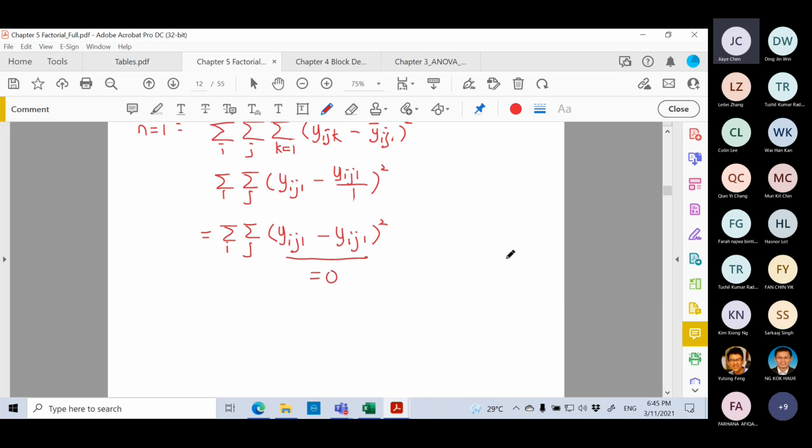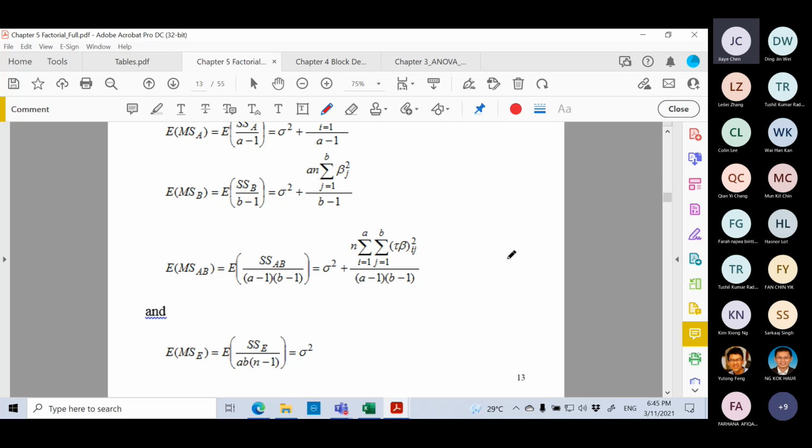The expectation here tells you that the expected value of the MSE equals sigma square. Therefore, if you are going to estimate your sigma square, you can use the MSE. You can show theoretically that if you simplify the formula for the expectation of the MSE, you get sigma square.